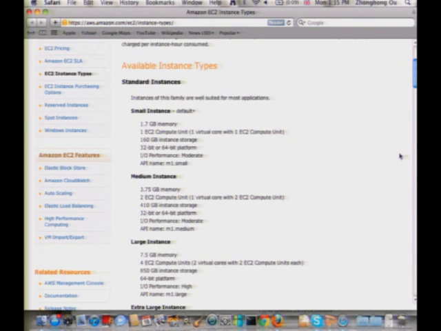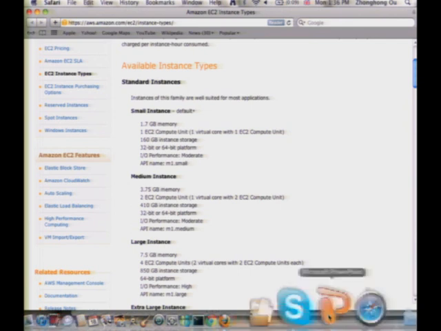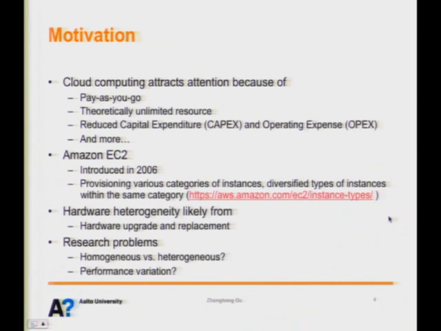Within each family, they also provide different instances according to their respective capabilities. For example, in the standard family, they have small, large, and extra large. My talk today will mostly focus on the same instance type within the same family.